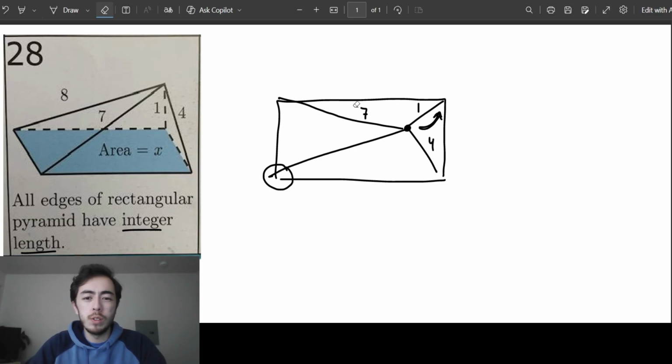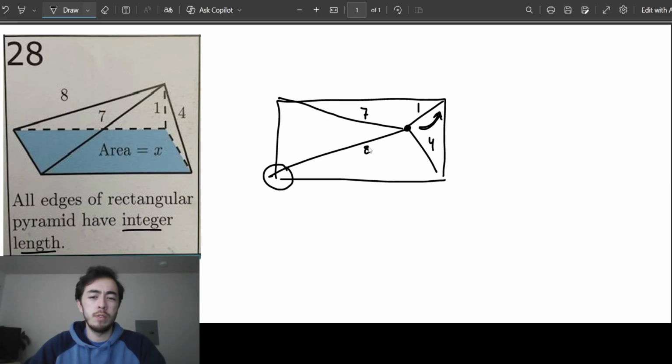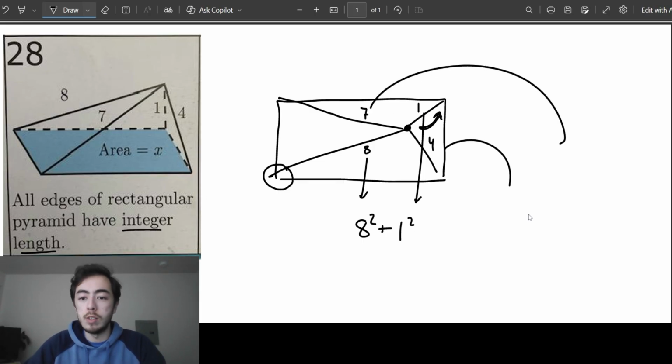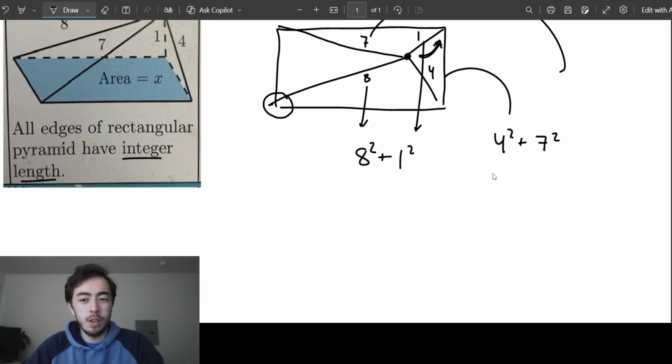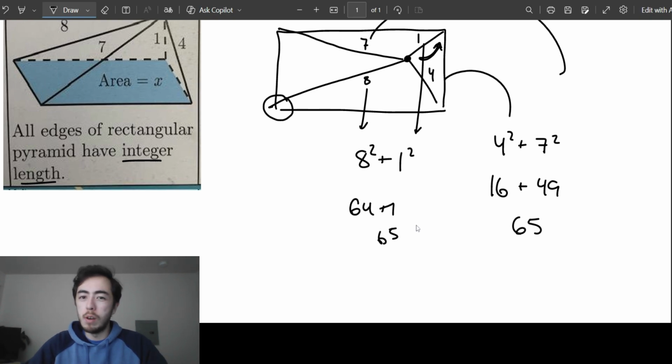I was also looking at other proofs of this, and I believe for whatever reason that the sum of the squares of these two numbers needs to be equal to the sum of the squares of the other two numbers. Although I wasn't really able to figure that out on my own. I mean, if we do 16 plus 49, we do get 65. And then if we do 8 squared plus 1 squared, we do get 65. So there's some merit to this.